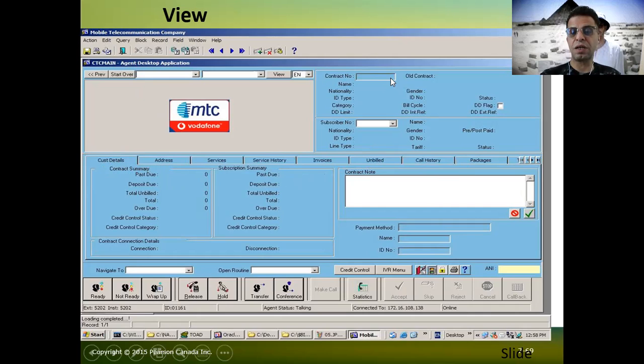And you can enter the key field, so the contact number, or the name, or whatever it is. And here you have certain setup services, like you can transfer the call, or do some conferencing, or do a wrap up after entering the information that tells you what kind of service.